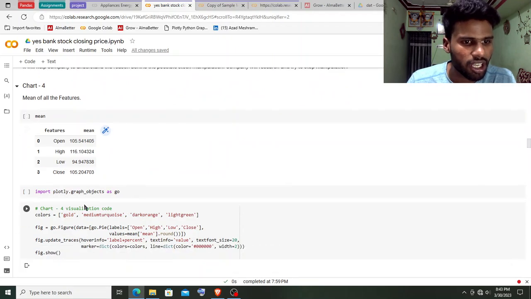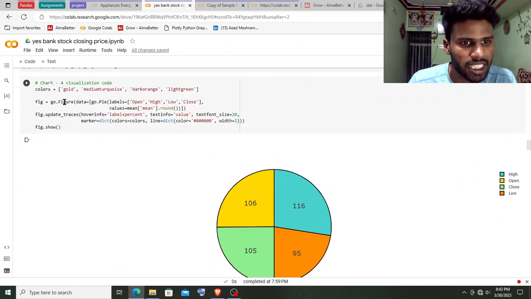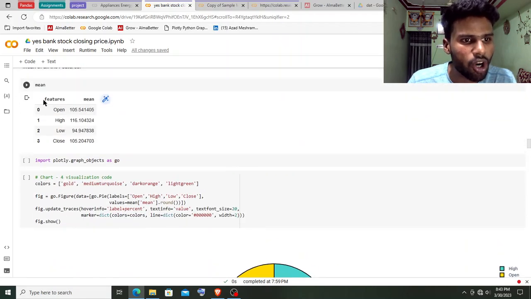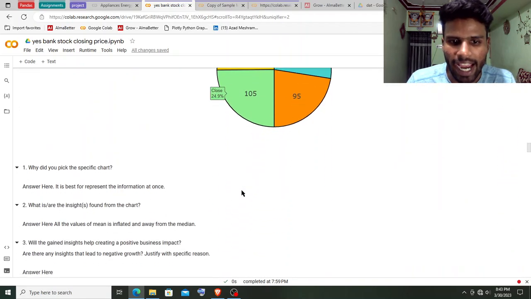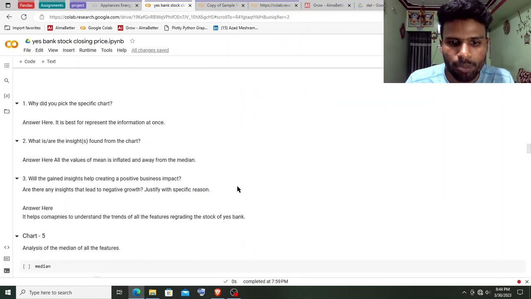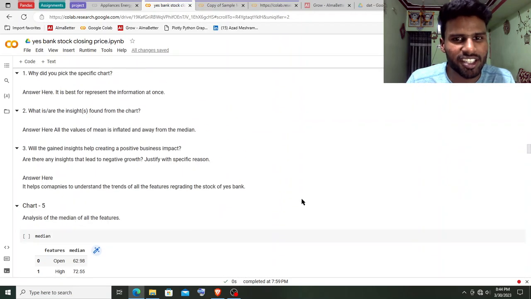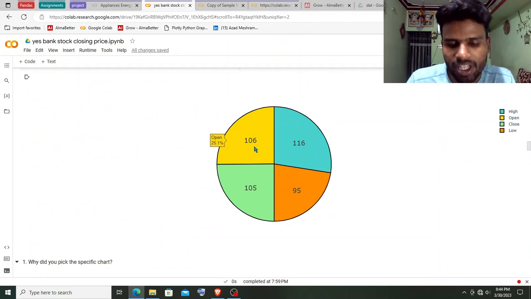Later on, this is the mean of the data set, and in comparison with this, we have to bring in the median chart also. We could see the opening median price is 63 and the opening mean price is 106.